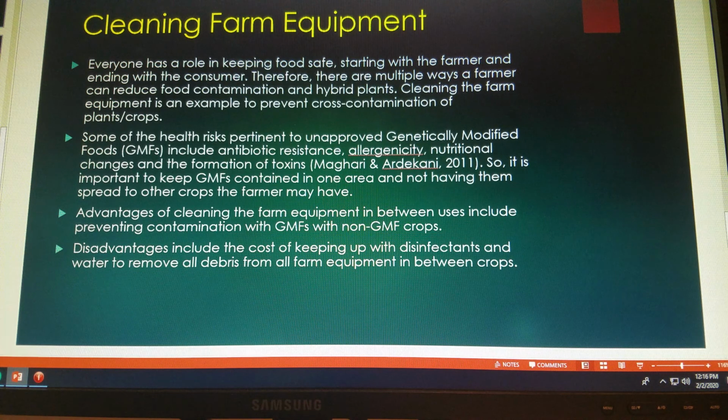Some of the health risks pertinent to unapproved GMOs or GMFs are antibiotic resistance, allergens, nutritional changes, and the formation of toxins. So it's important that they keep these contained in an area and not have them contaminated by other crops that farmers may have, especially herbicide type plants or just something else that would be very toxic for a human to consume.